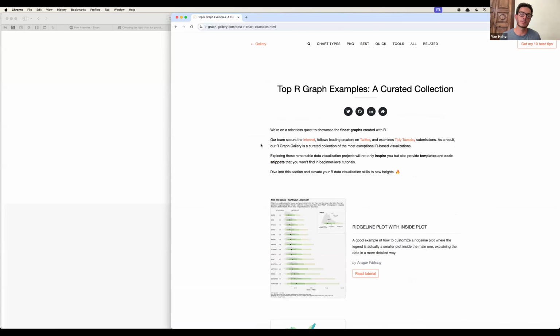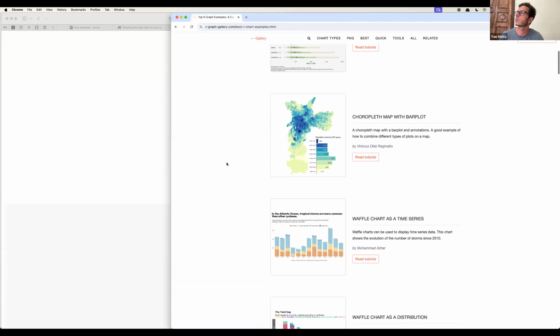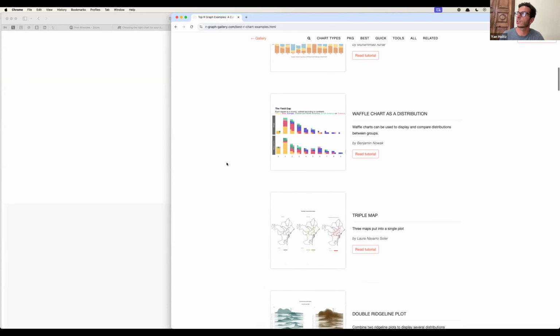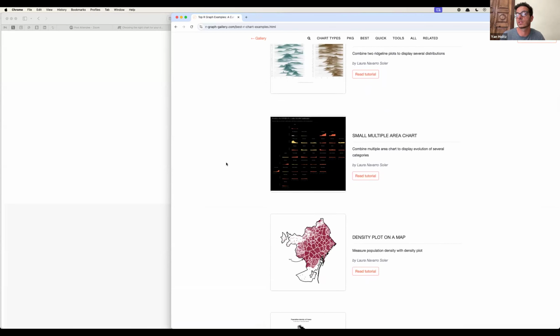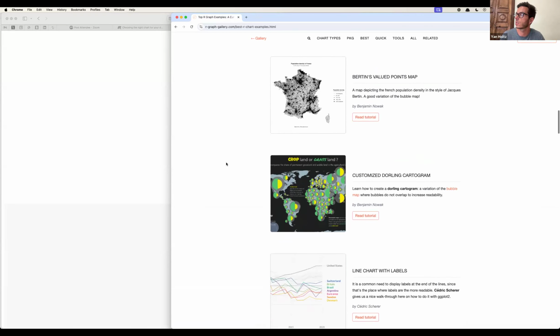So I spend my time browsing the web and talking to people about R and data visualization. Each time I see a great viz, I create a small tutorial about it and I add it in this section. So that's basically all the awesome R charts I've seen in my life concatenated together in this section.